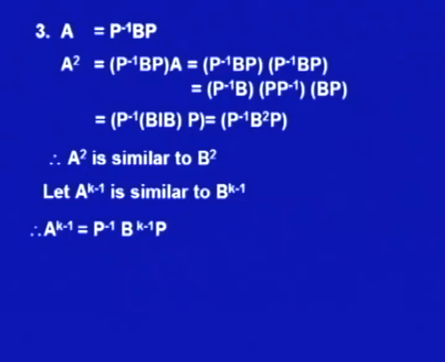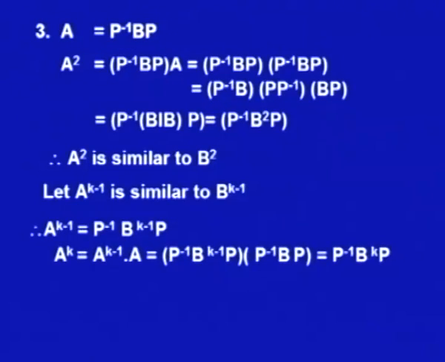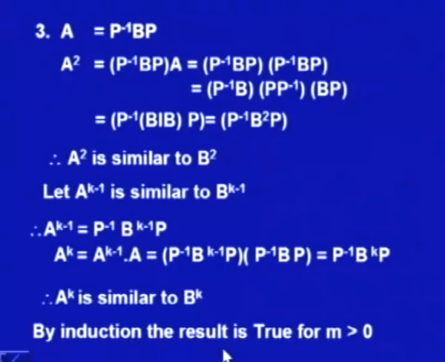Or from here we can get A^k as A^(k-1) into A, which is equal to A^(k-1) replaced by P inverse B^(k-1) P into P inverse BP, and if you simplify this expression, this comes out to P inverse B^k P, and this proves that A^k is similar to B^k. Now by induction the result is true for positive m.